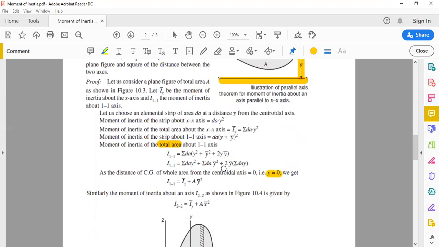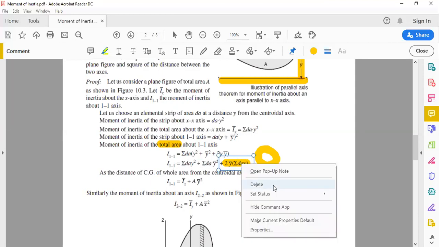And since y is equal to 0, the term 2y bar into sigma dA into y will be 0, which means we are left with I11 is equal to sigma dA into y square plus sigma dA into y bar square.